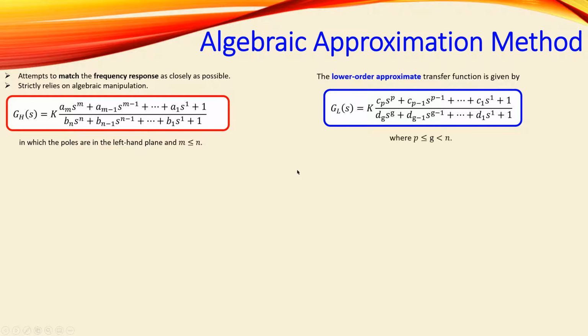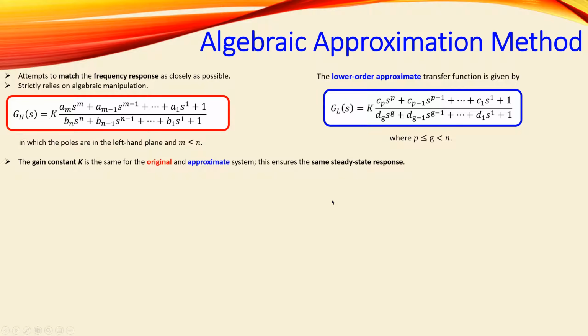So what you then have is, of course, again, the number of zeros must be smaller than the number of poles in this lower order approximation, but it must also be lower than the number of poles in the original system, in order to have an approximation. So this is the mathematical way to look at it. Okay, the gain constant k, which is a very important thing here, is the same in the original and also the approximate system.